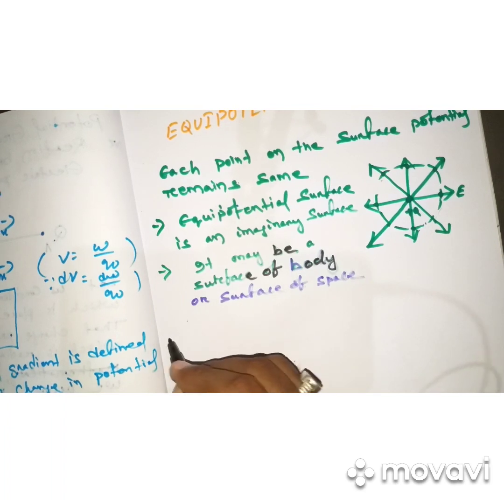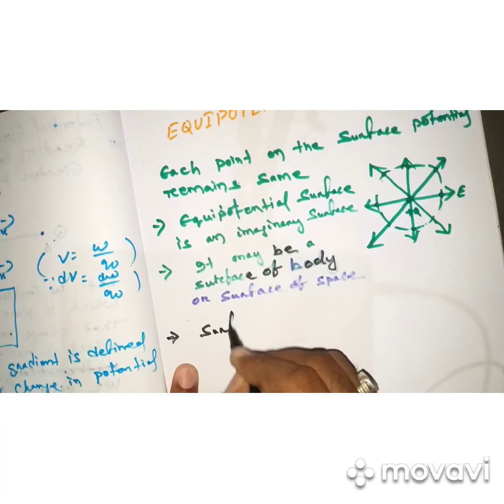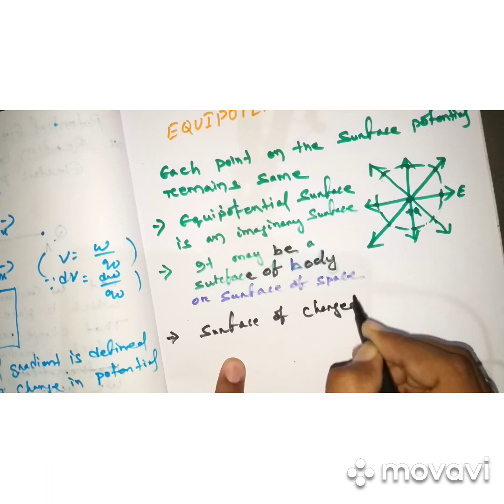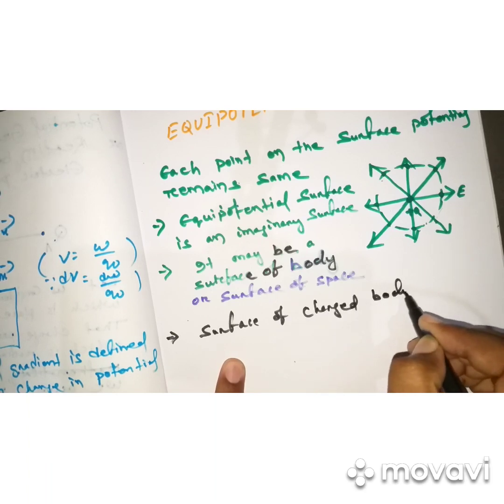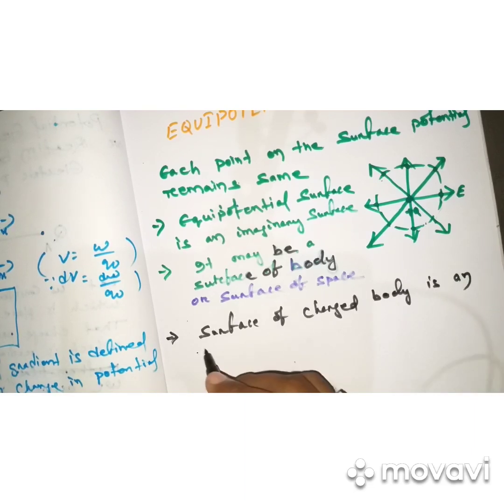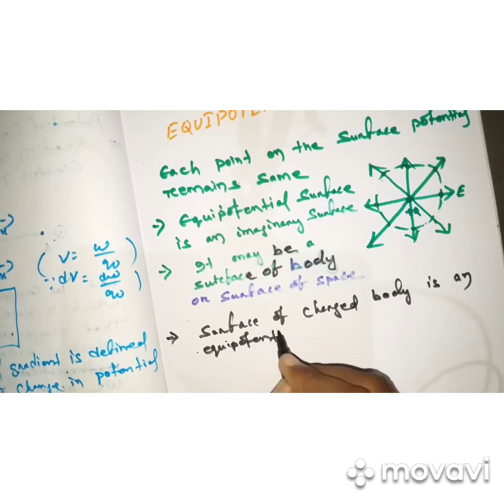Next point is, the surface of a charged body is an equipotential surface.